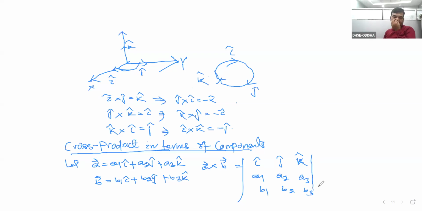Right? This is the cross product of two vectors.